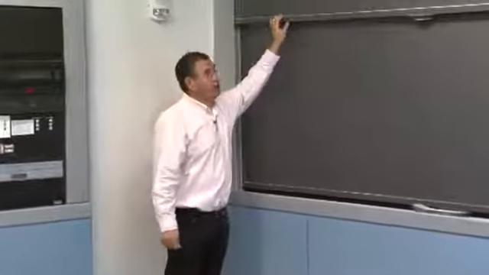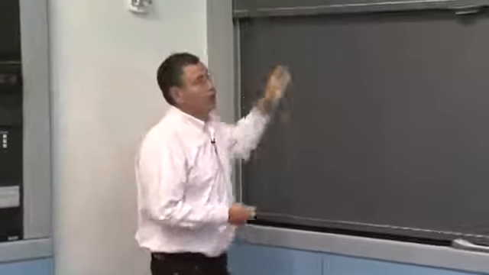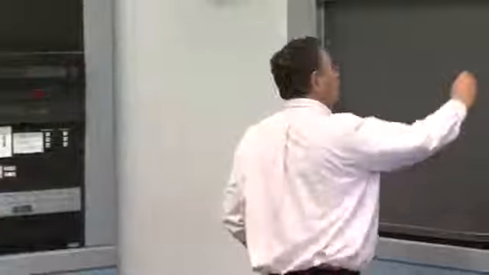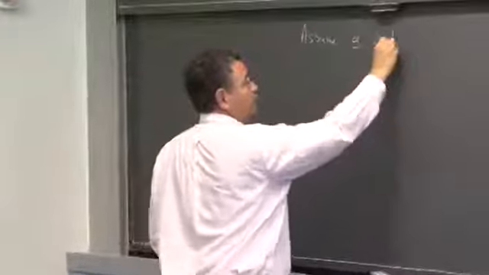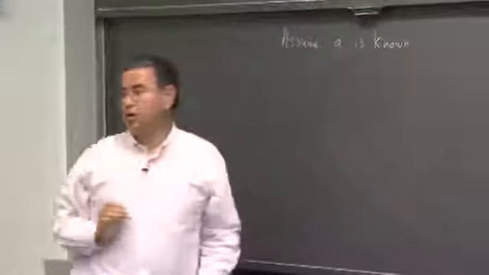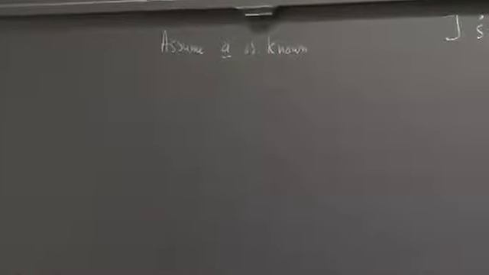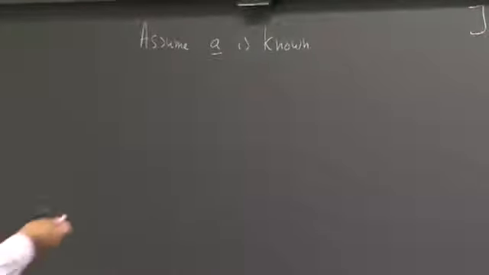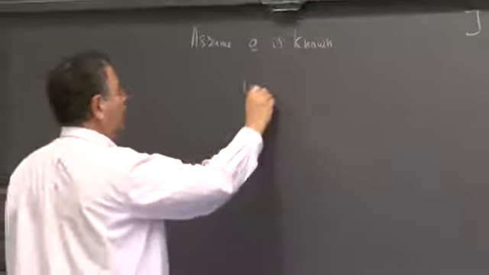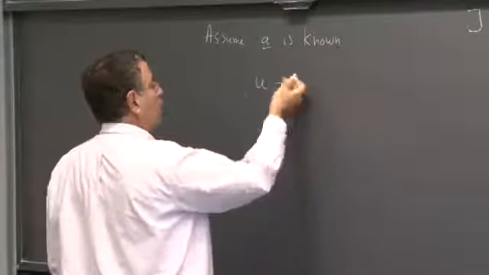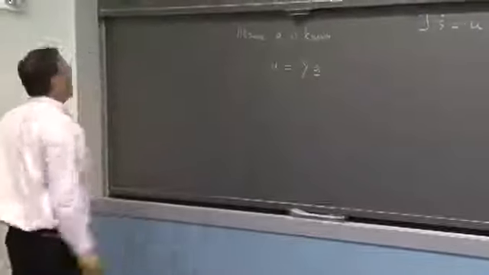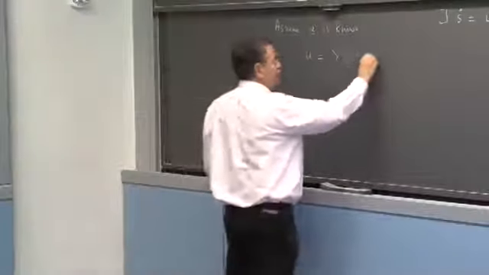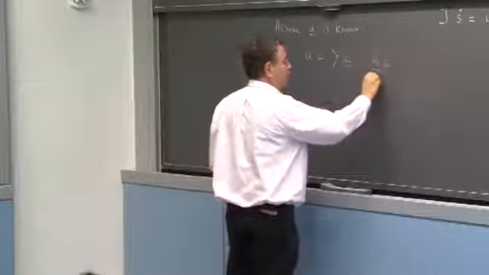Now, let's assume just for one moment, of course, if we just did that and went home, we wouldn't have learned much today, that A is actually known. What would we do if we knew the parameters? Well, we could pick U equal YA, and then we could add a linear term like K times S, where K is a positive constant.